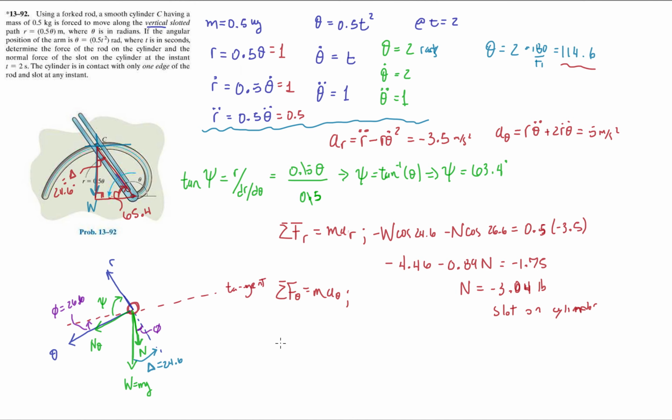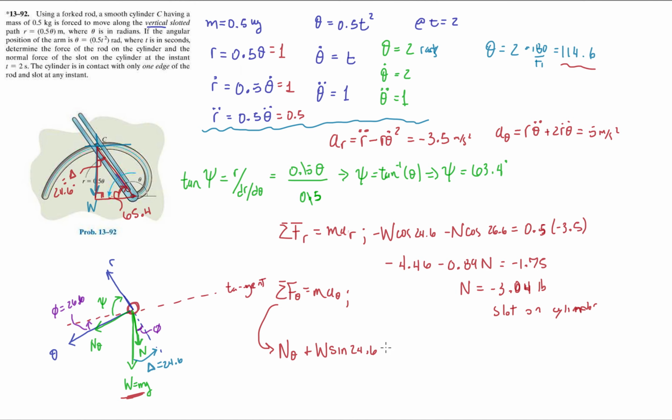So we're going to have n theta, right? These are all the forces in the theta direction. N theta plus the weight sine 24.6. Okay, remember the theta component of the weight.